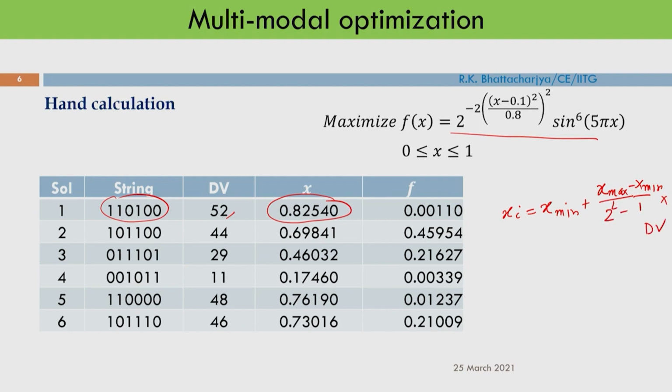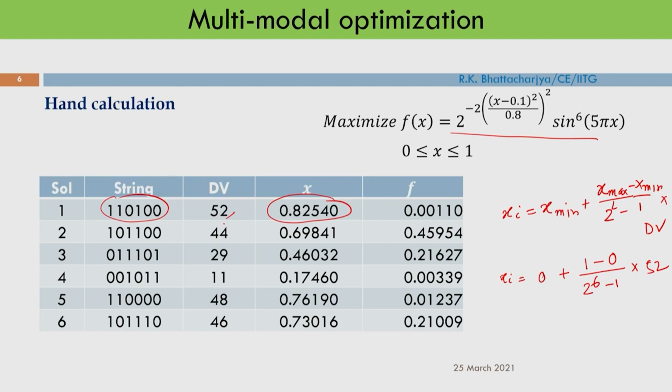So, for solution 1, x_min is 0, x_max is 1, divided by 2 to the power 6, as we have a 6 bit string, minus 1, and the decoded value is 52. In that case I should get 0.82540.